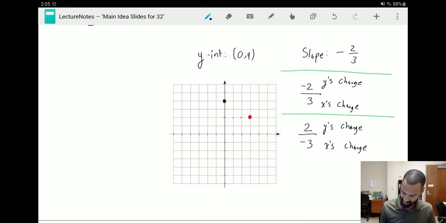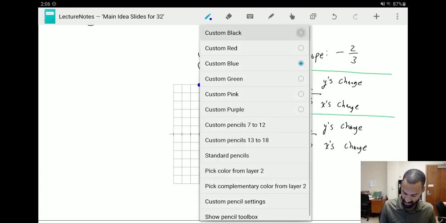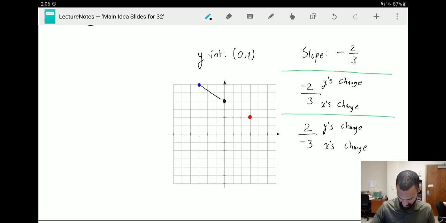So that means I could go up 2 and then left 1, 2, 3. Notice how that point is also on the same exact line. Okay, it does not matter which one of those you decide to use, where you put the negative. You'll still get the same thing. And sometimes it's useful to use one over the other. So I would recommend practicing doing both.